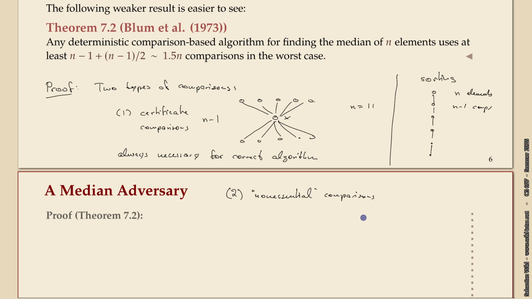These are the ones where in hindsight, I actually wouldn't have needed to do that comparison. If somehow someone would have told me what comparisons to make, I would not have done this one because it doesn't help me certify the median. So if I tell you this is the median, if I already give you that guess, then you can compare that median to all the others.